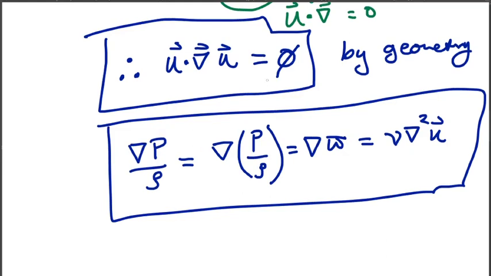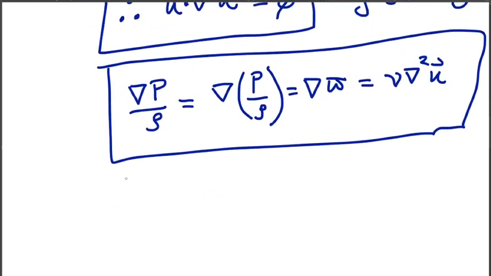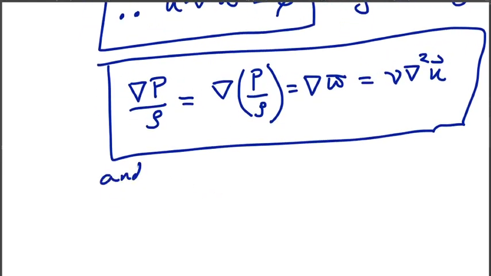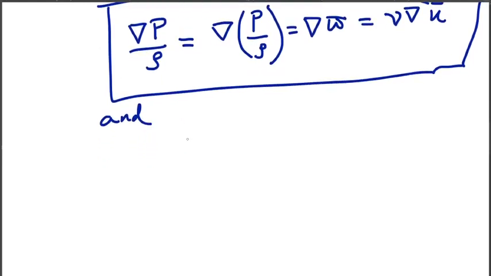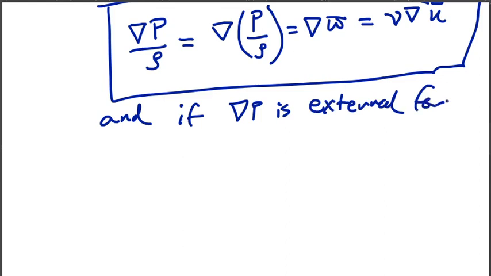Or maybe more aptly, I can invert this if P is being externally imposed, like pressure in a pipe under a pump. So if grad P is external forcing, I can actually invert this.